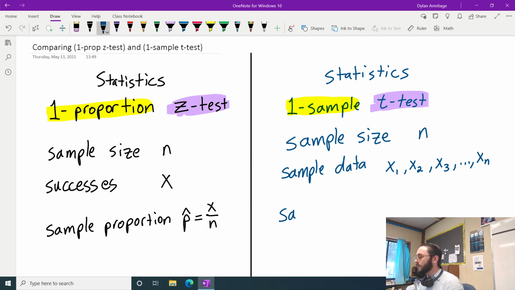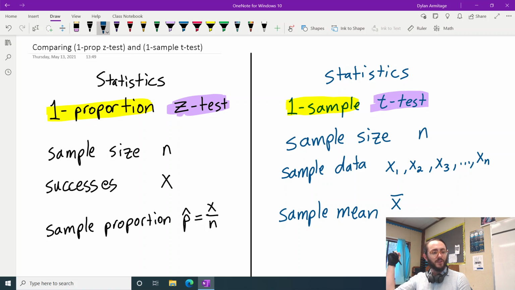So from here, we can now calculate the sample mean, which is really the statistic of interest, just like the sample proportion was the statistic of interest before. And the sample mean, x bar, well, you know how to calculate this. Add up all the data, divide by how many you have.